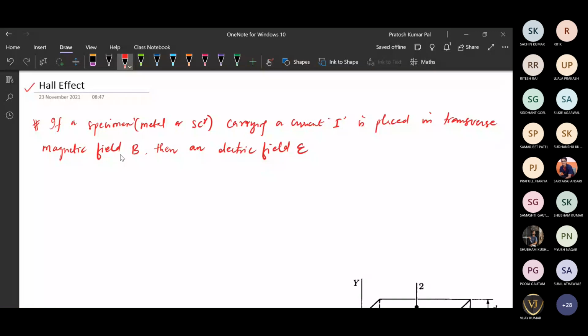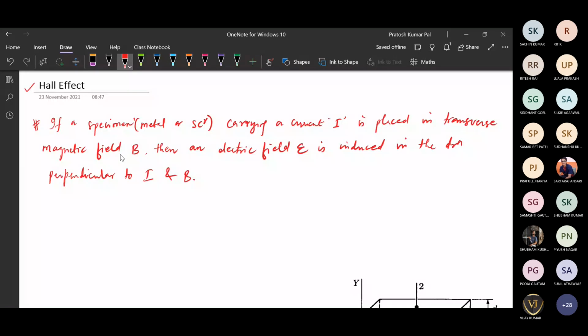Basically, an electric field E is induced in the direction perpendicular to I and B, that is, the current and the magnetic field.